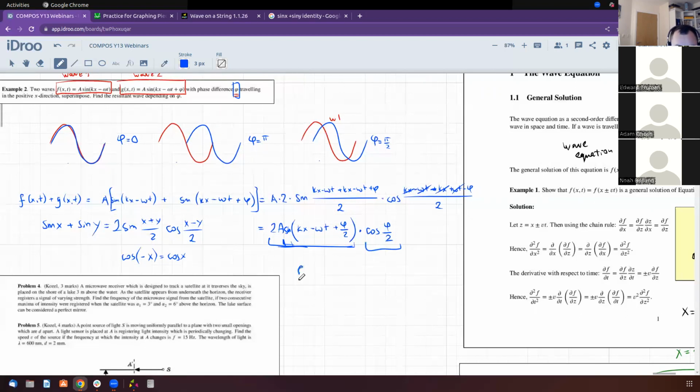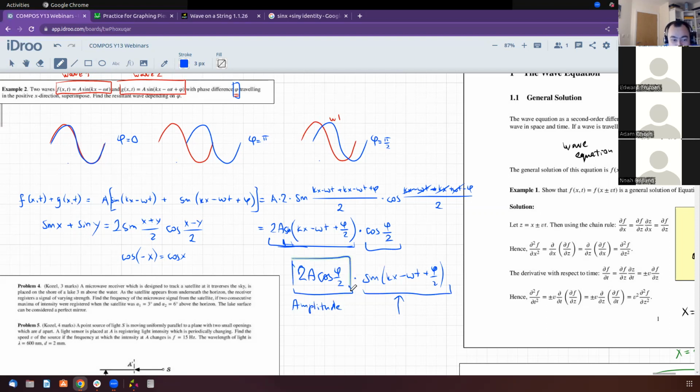So 2a cos phi over 2 is the amplitude of the new wave. And you can see that it's the same wave, it just lags by phi over 2. So the total wave has a phase difference of phi over 2 with the first wave.